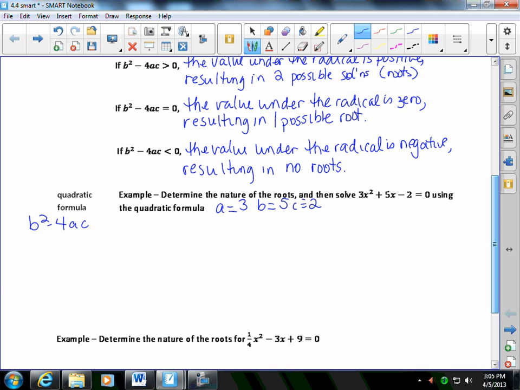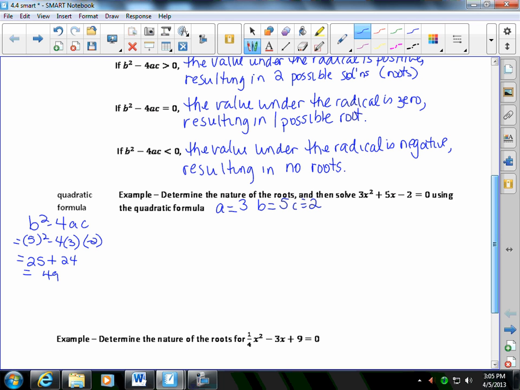So b squared means I have 5 squared minus 4 times a is a 3 times c, which is a negative 2. So I have 25 minus 4 times 3 is 12 times a negative 2 is a positive 24.